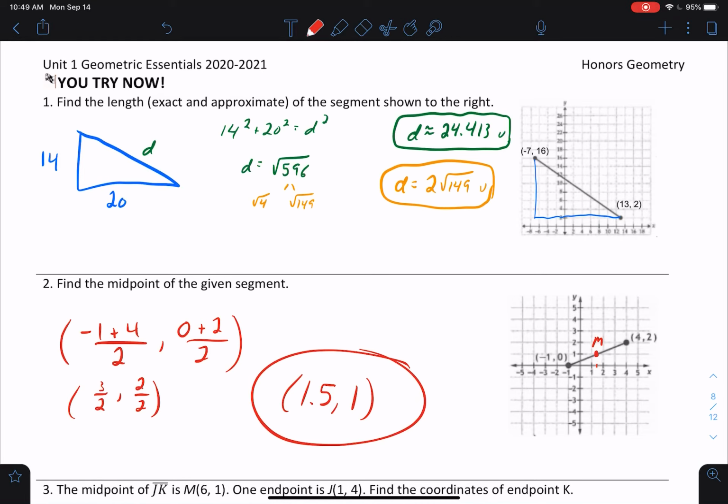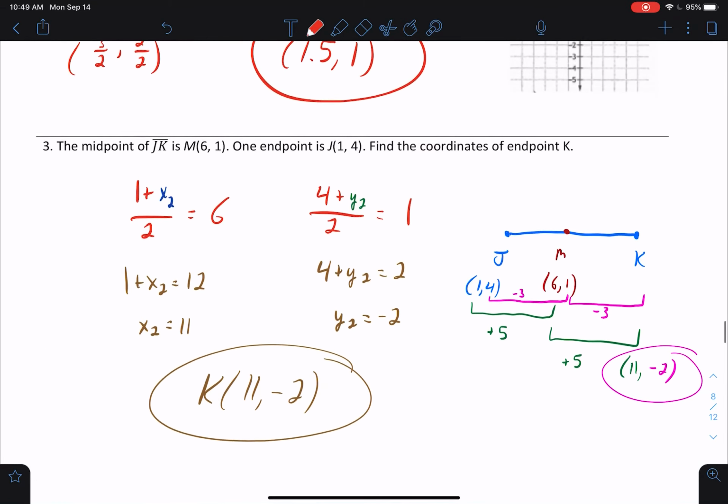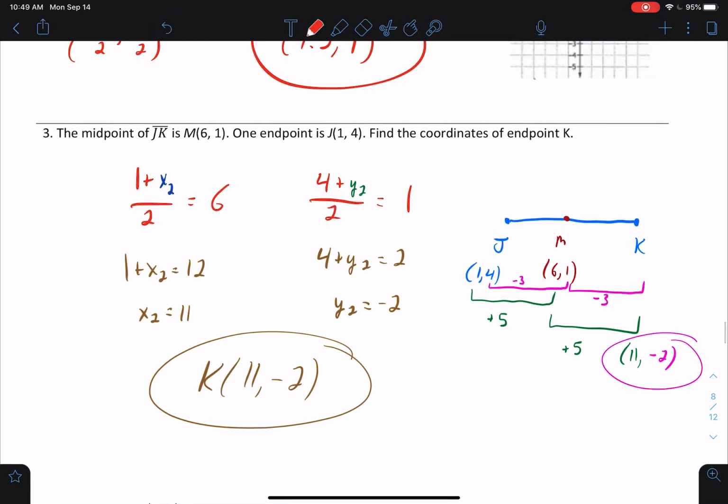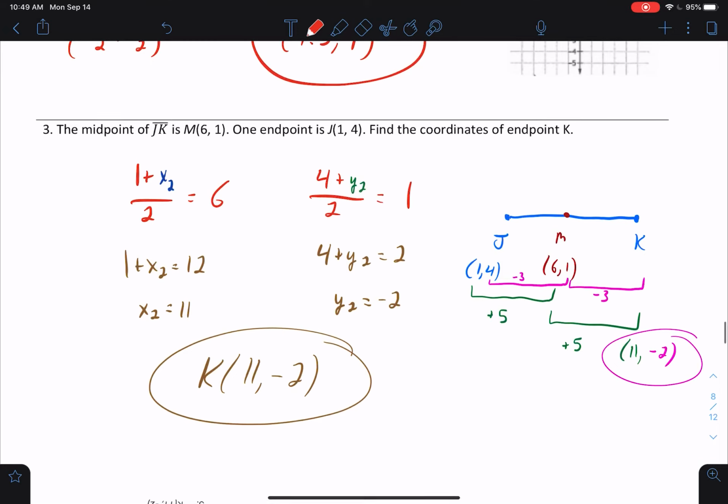And then number 3, I have the work for if you're using the formula and if you think about it conceptually. Okay, so for the formula, we don't have the coordinates of K, so we don't know our x2, y2. So I'm going to take the midpoint formula, plug in what you know, solve for what you don't know.